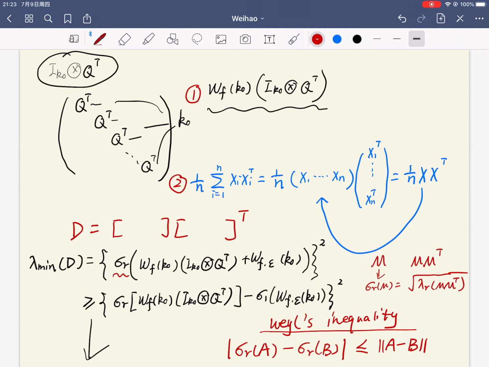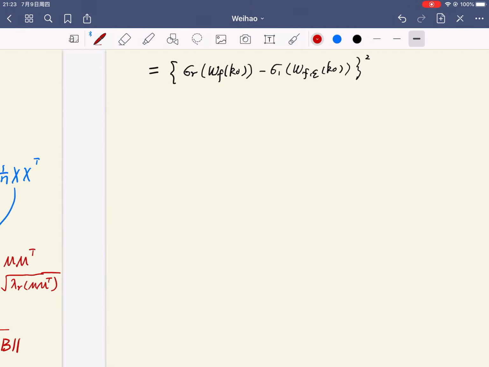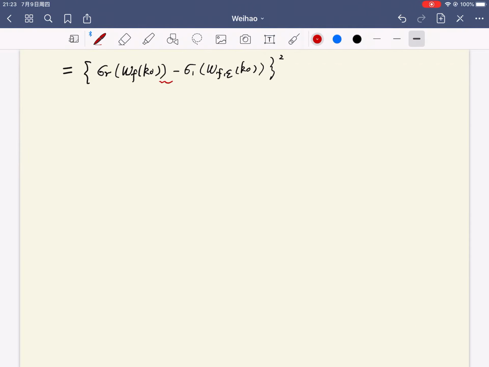The reason why we drop this term is because it is a matrix satisfying the property that its transpose times itself equals identity, a kind of unitary invariant property.